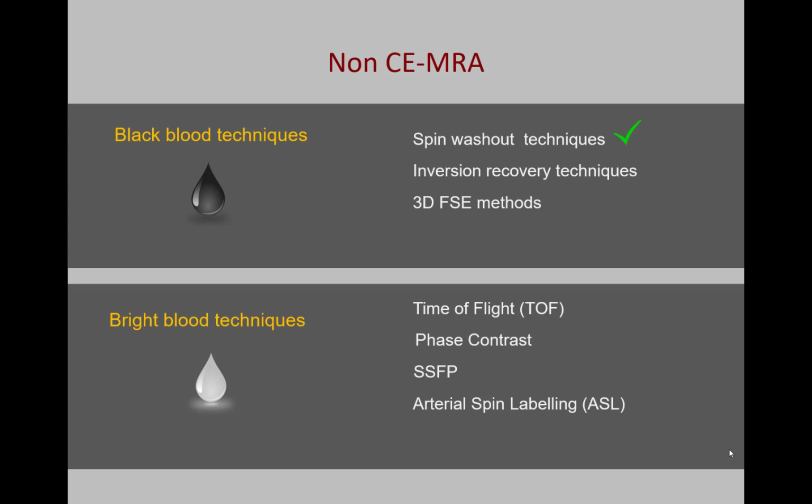They work by nulling fat in the case of STIR, and in the case of FLAIR, nulling CSF or liquids. So could we not apply something similar to blood? Could we get an inversion recovery technique that would just null blood? Let's pursue that idea in the next slide.